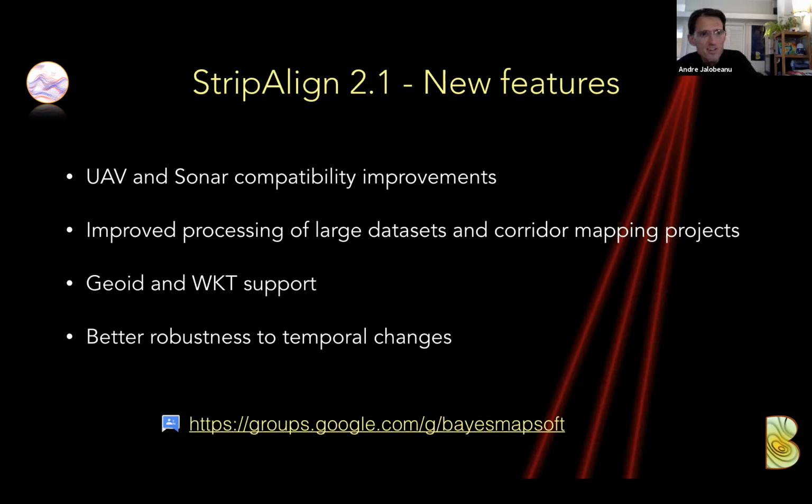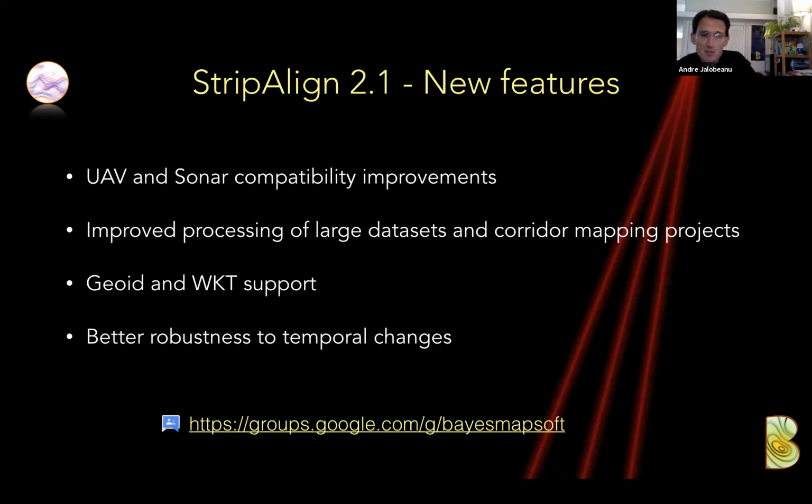I'm not saying that. And also recently, within the past year, we've been working with Sonar. And it turns out that under certain conditions, it can also align Sonar data pretty well. We worked a lot on improving processing for very large data sets, and especially for corridor mapping that can be very tricky because of the lack of overlap sometimes.